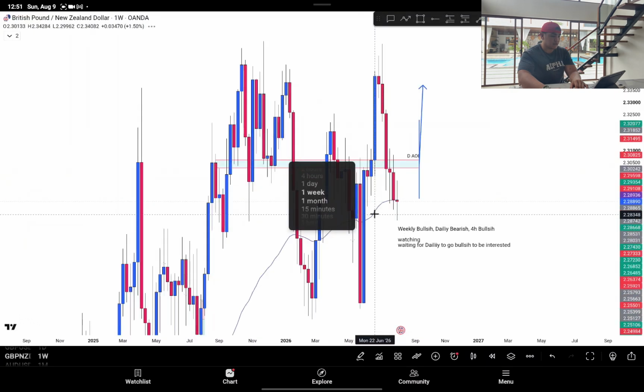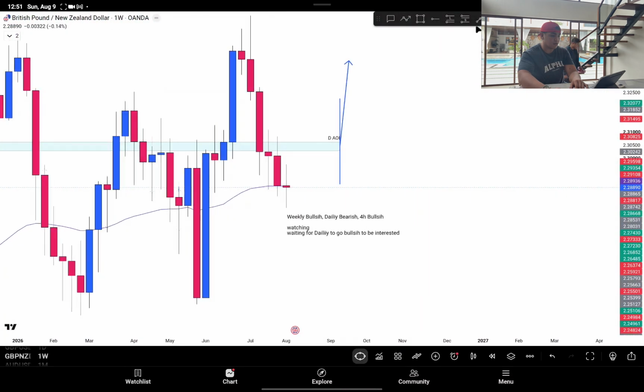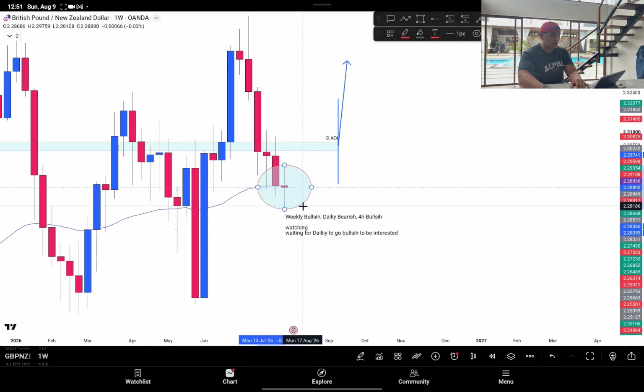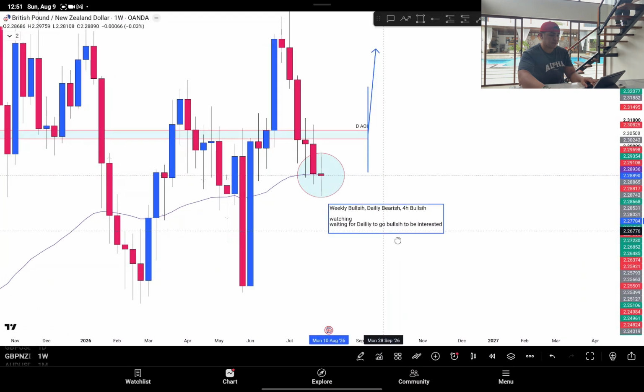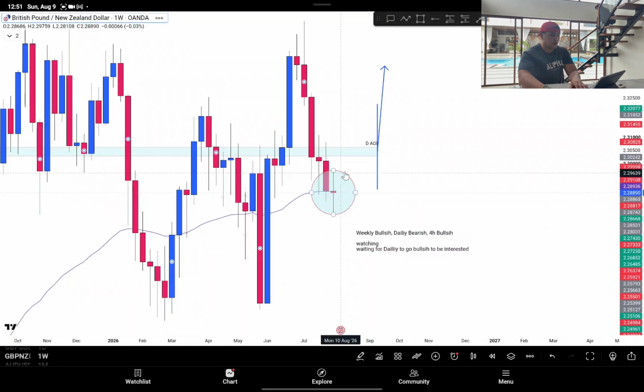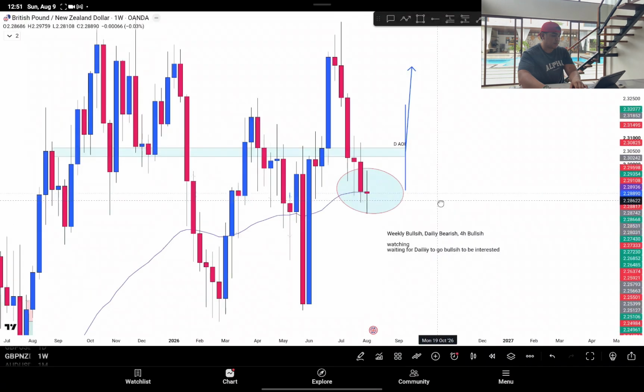And probably the next pair is GBPNZD, I guess, because if you look at the weekly chart, market is at a potential higher low. Probably we could look for buys at this specific structure because market is setting up for buys. Probably sellers are defending this low price on GBPNZD.